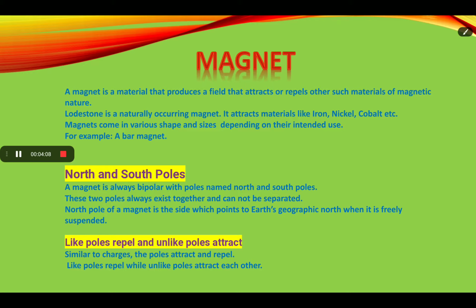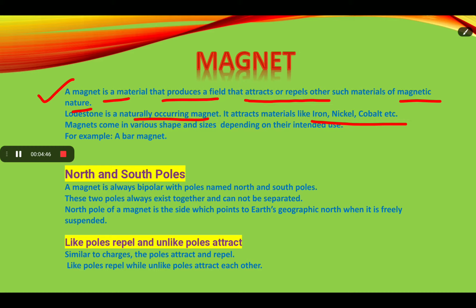We can define a magnet specifically as a material that produces a field and that attracts or repels other materials which have magnetic nature. Here, the lodestone is the naturally occurring magnet, and it attracts materials like iron, nickel or cobalt. Now, magnets come in various shapes and sizes.